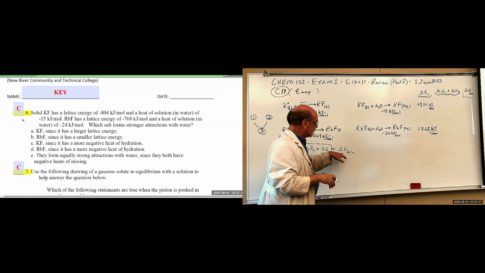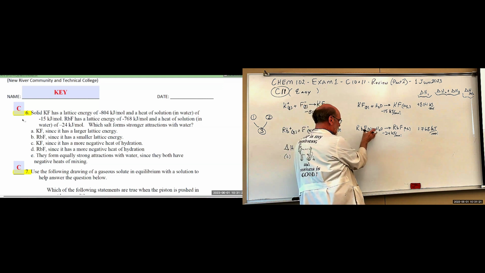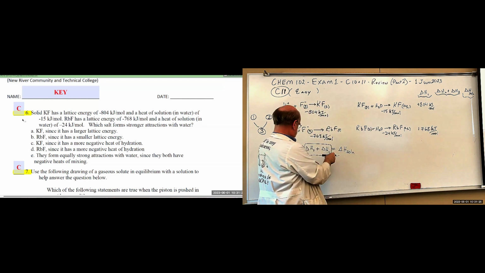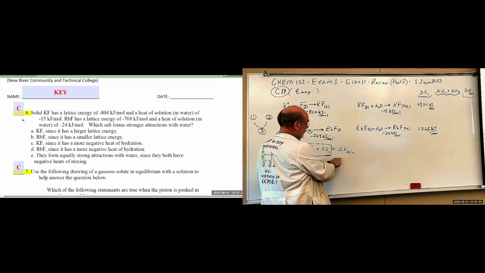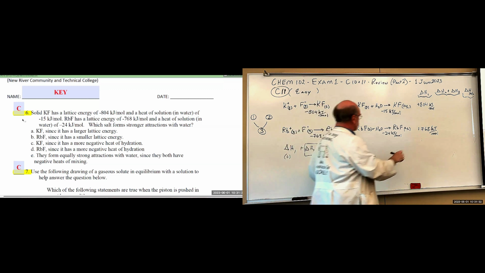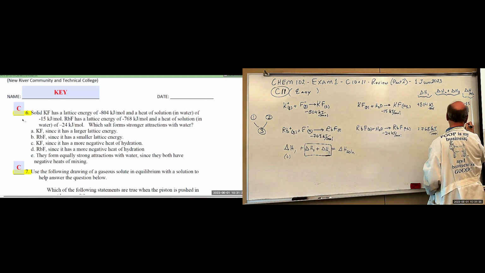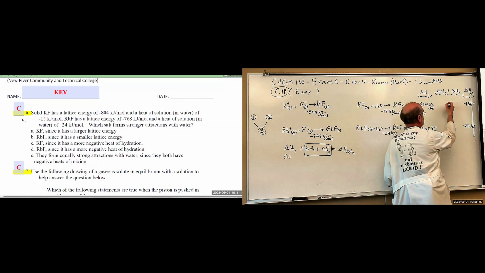We don't have to change the value of this one because it is, in fact, an expression of all 3 of them. So this one is going to be a minus 15, and this one's going to be a minus 24 kilojoules. I'm just going to leave off moles because it's going to be 1 mole for each one. And this is the unknown.